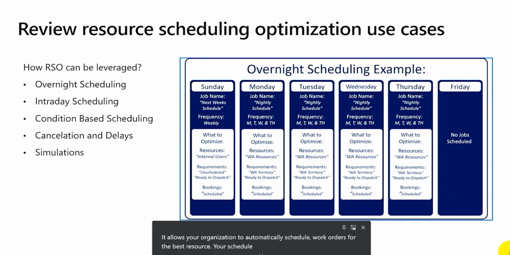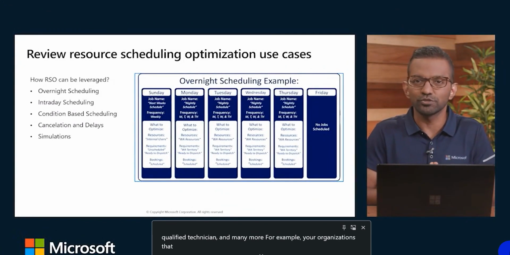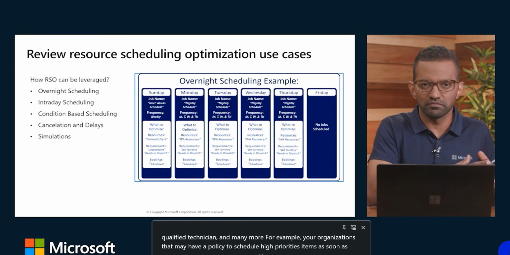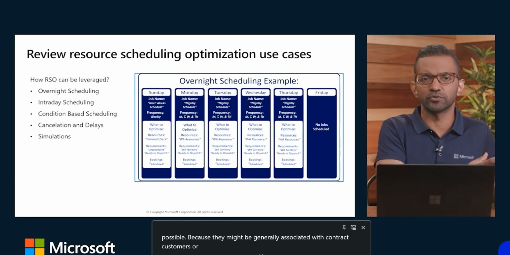Your schedulers can optimize bookings to minimize travel time, maximize working hours, schedule the most qualified technician, and many more. For example, your organization may have a policy to schedule high priority items as soon as possible because they might be generally associated with contract customers or emergency situations.